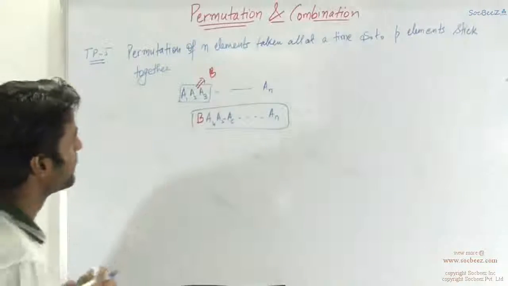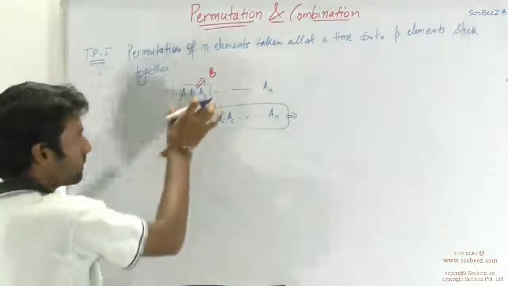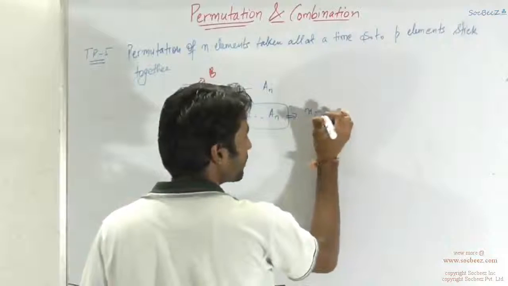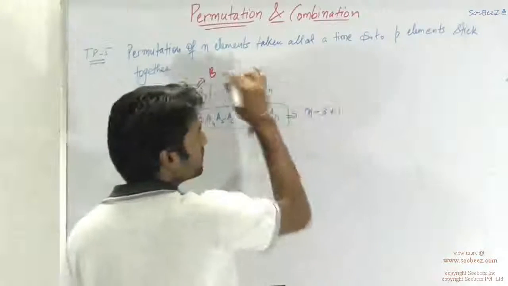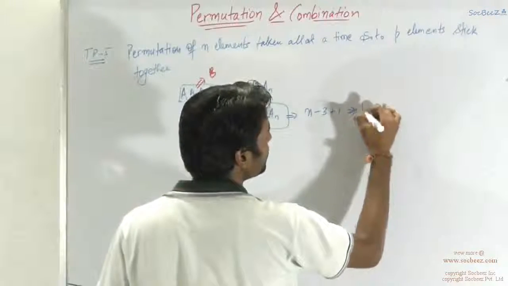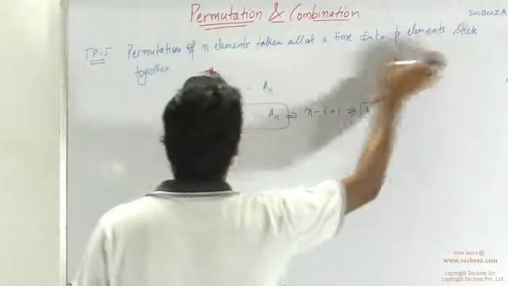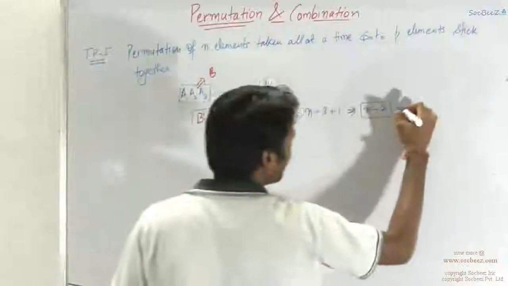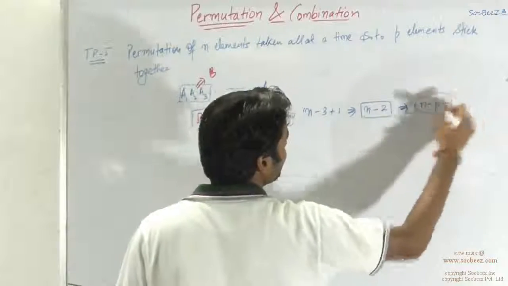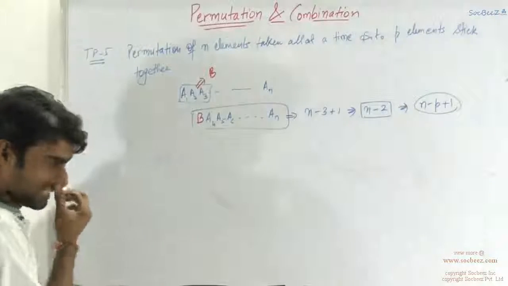And how many elements are there in this set? First you had n elements, you boiled down 3 to 1. So you subtracted 3 and added one element, that was B. So this is n minus 2 elements. So in general, if you boil down these p elements which wanted to stick together, you would get n minus p plus 1. These are the total number of elements present in the new set.